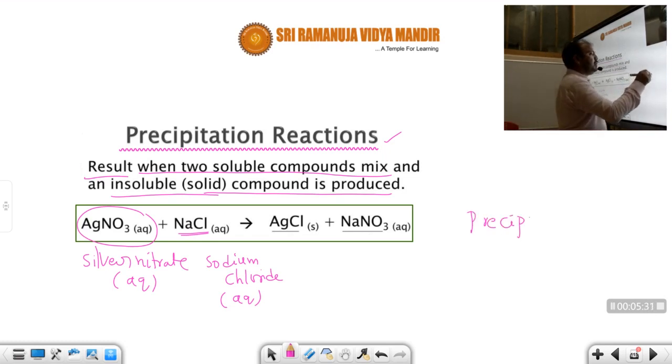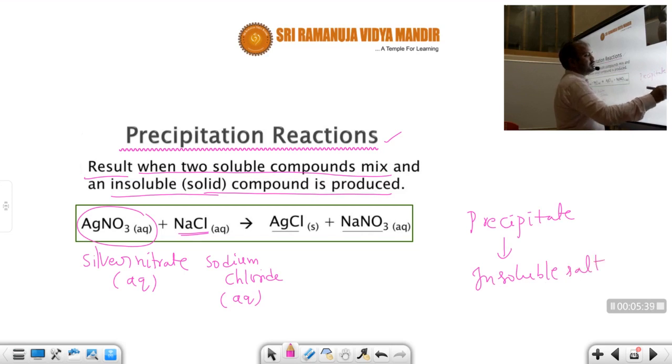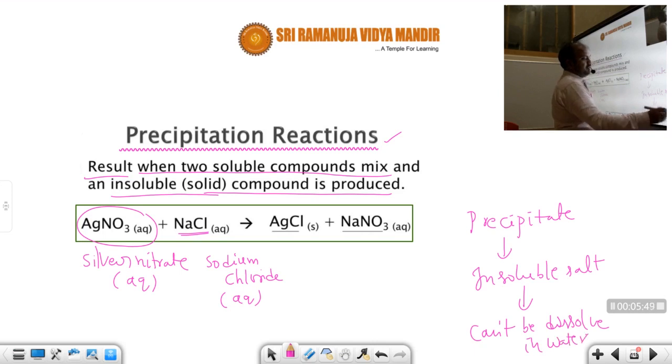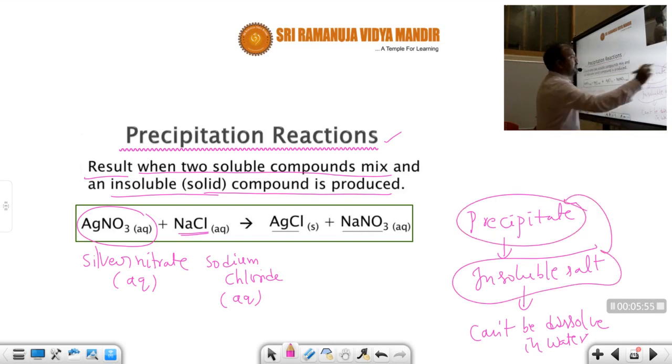How can you understand precipitate simply? Precipitate means insoluble salt. What is an insoluble salt? The salt which cannot be dissolved in water is called insoluble salt. Insoluble salt is nothing but precipitate.